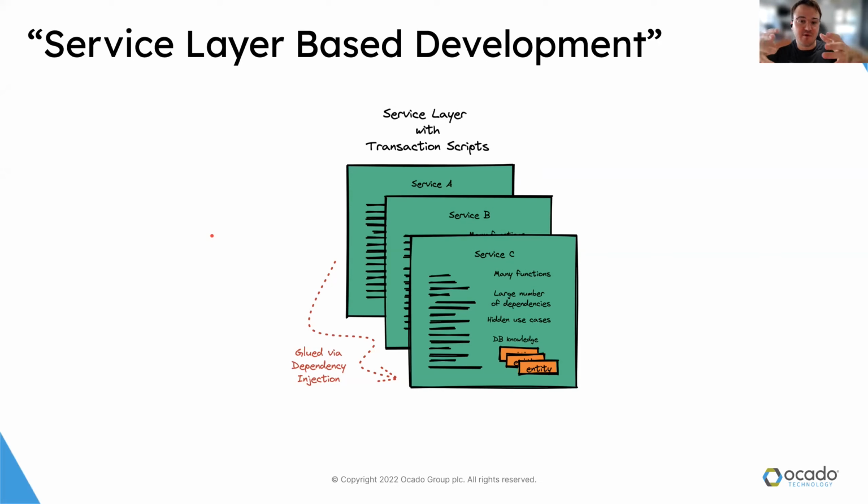So it's very easy for you to have a class, service A, that does some behavior, then it calls service B, then it calls service C, and service B calls another service. And when all the logic is only in these service classes, you don't leverage a common domain core. And these services are tied together using dependency injection.